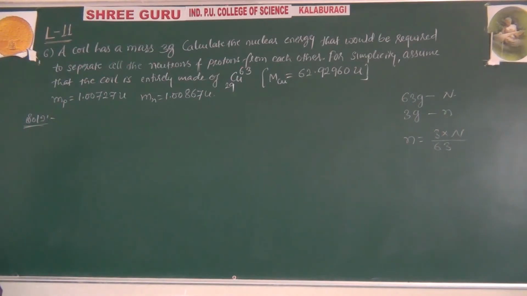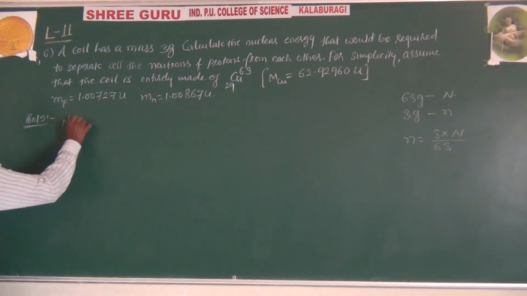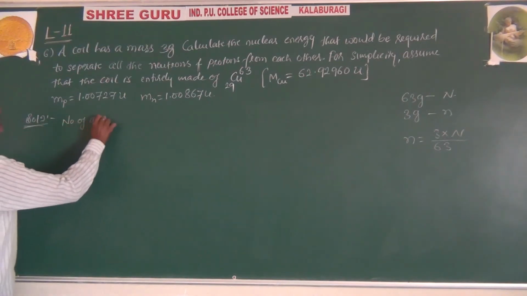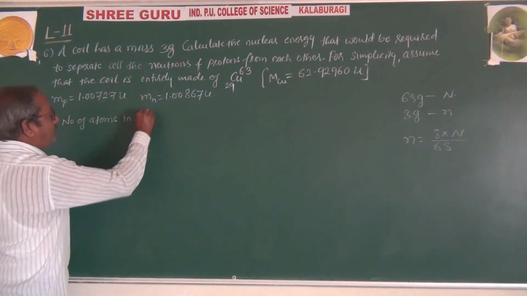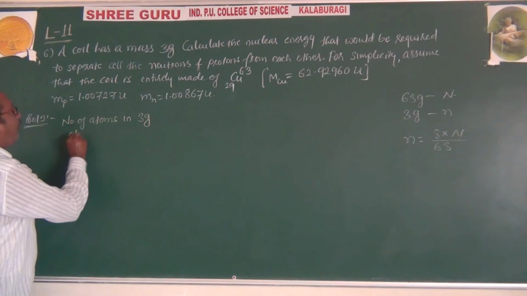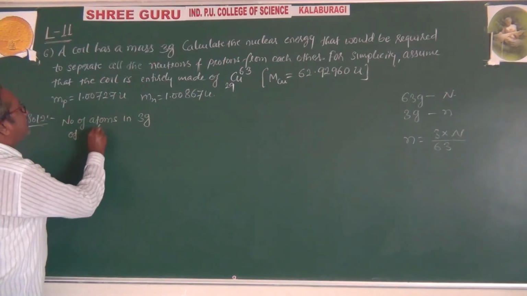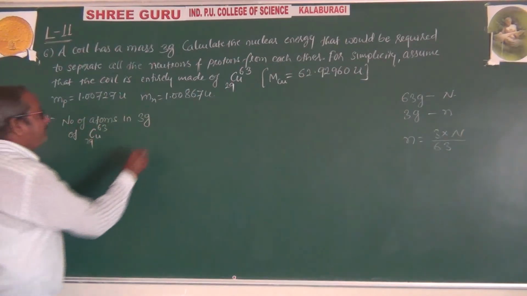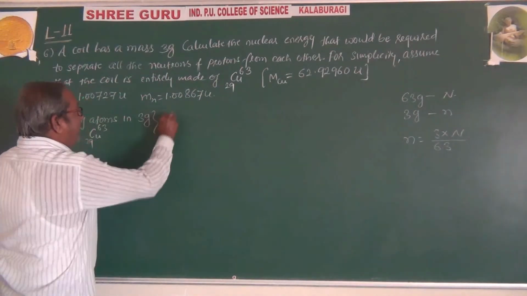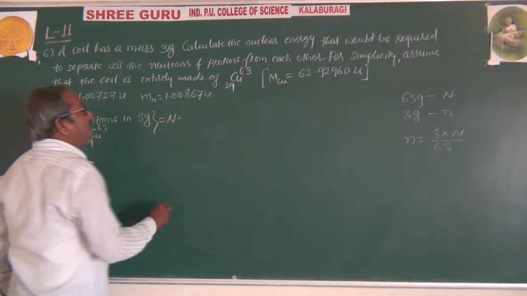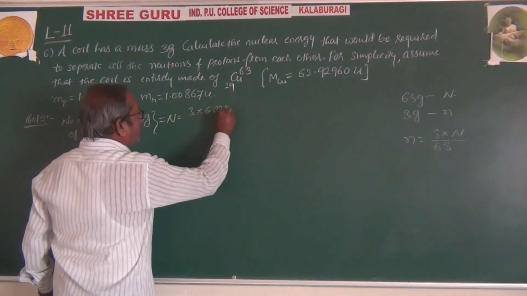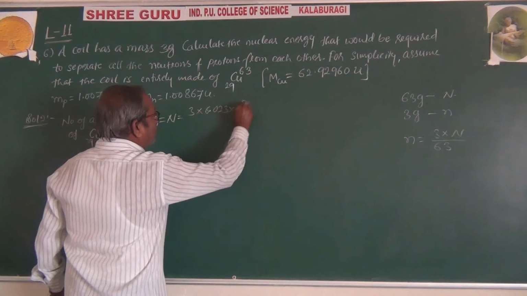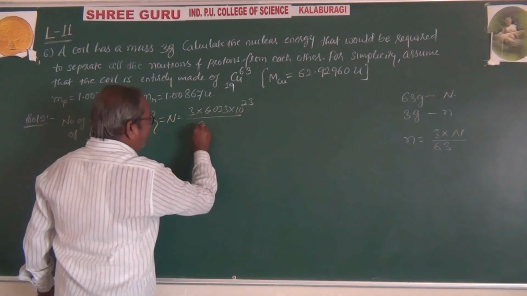Number of atoms in 3 gram of copper 63, n, equals 3 into 6.023 into 10 raised to 23 divided by 63.